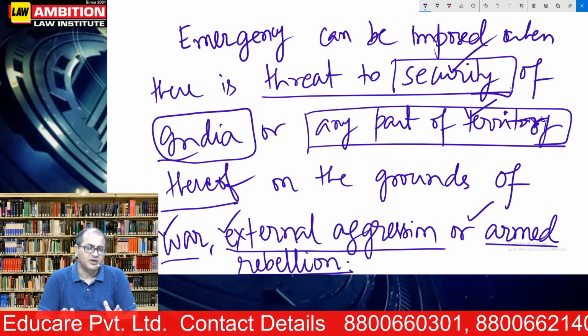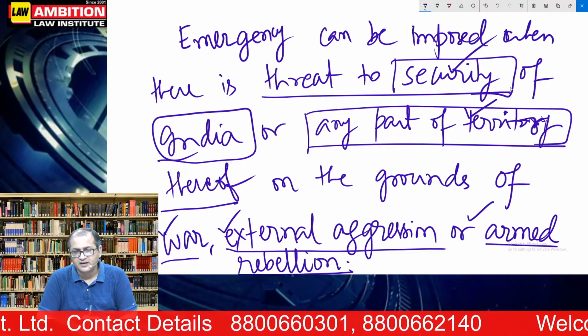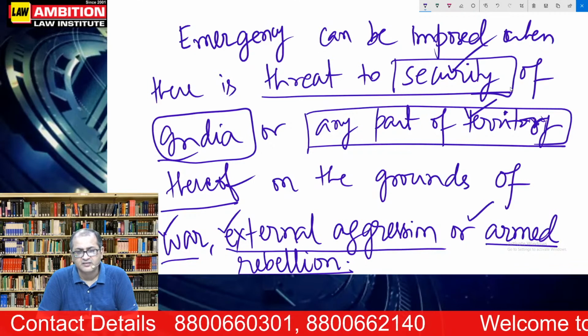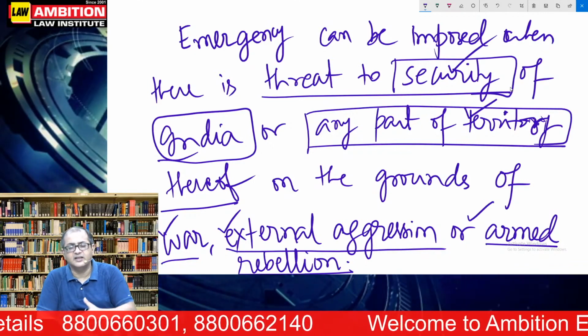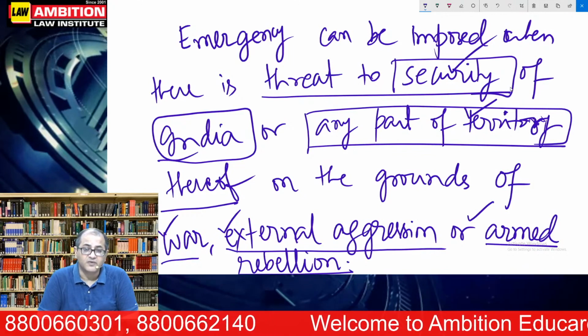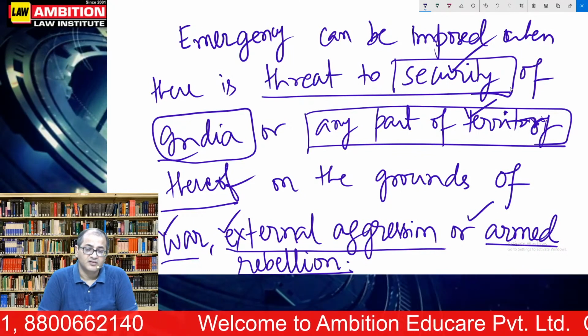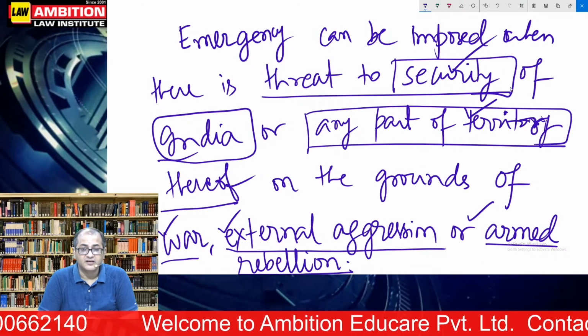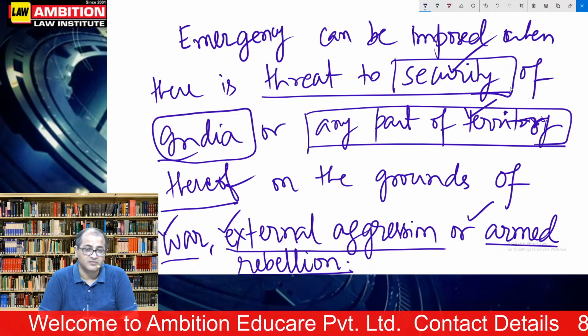War is a little formal affair where 2 sides must be engaged, whereas external aggression can be unilateral, where one country attacks the another, and then there can be a development of formal war. Or armed rebellion. Earlier it was internal disturbance, now it is armed rebellion after 44th Amendment.